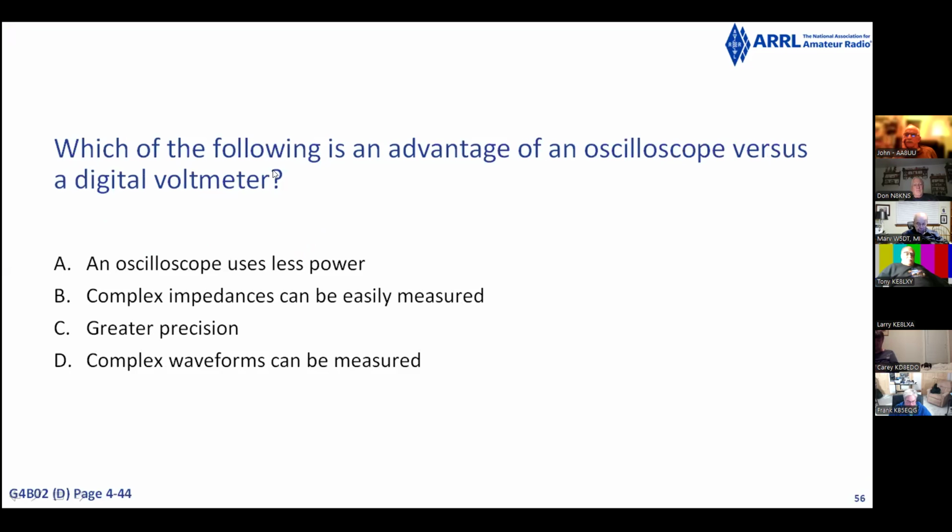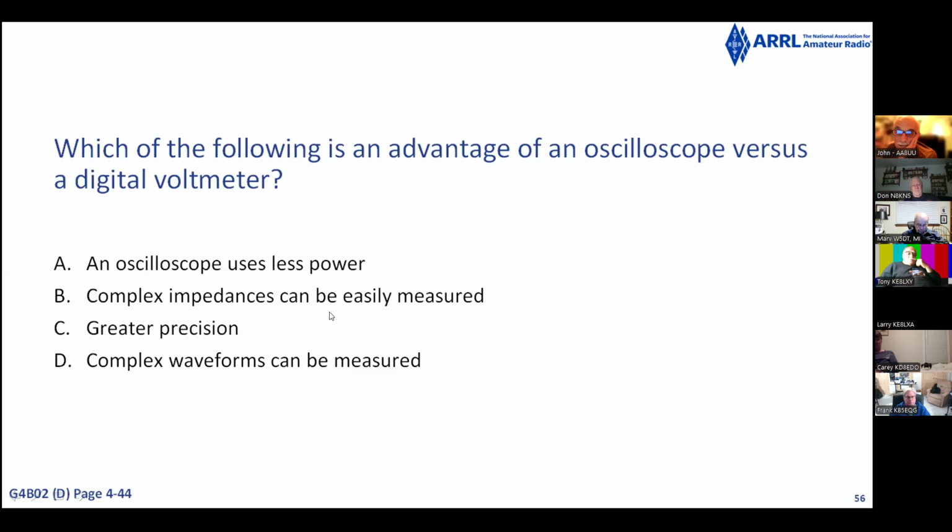Which of the following is an advantage of an oscilloscope versus a digital voltmeter? An oscilloscope uses less power. Complex impedances can be easily measured. Greater precision. Or complex waveforms can be measured. So the power thing is kind of a ruse. I mean, the old ones used to use a lot of power. The oscilloscope was a tube, but they're a complicated piece of machinery.